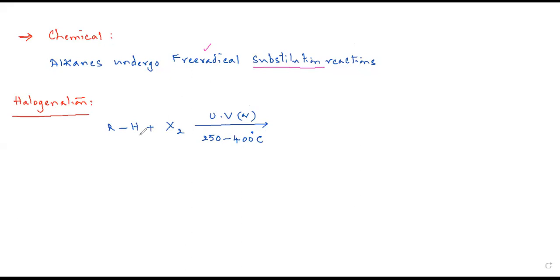Simple. A hydrogen free radical is replaced by a halogen free radical. So we get RX and HX. Mechanism is very interesting.